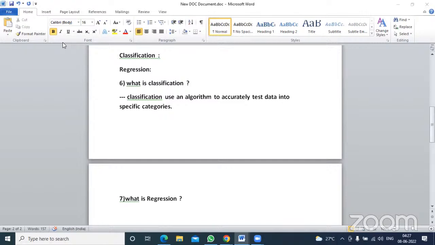In regression? Yeah, Venki. Others, what is regression? Yeah, very good, Venki. In regression, output should be numeric and continuous. Then we find out the relations between two variables.